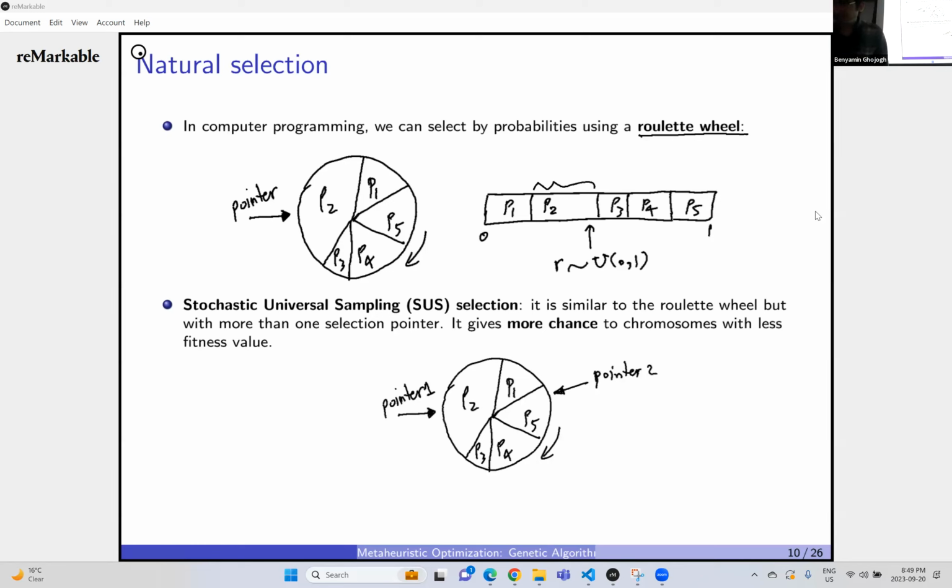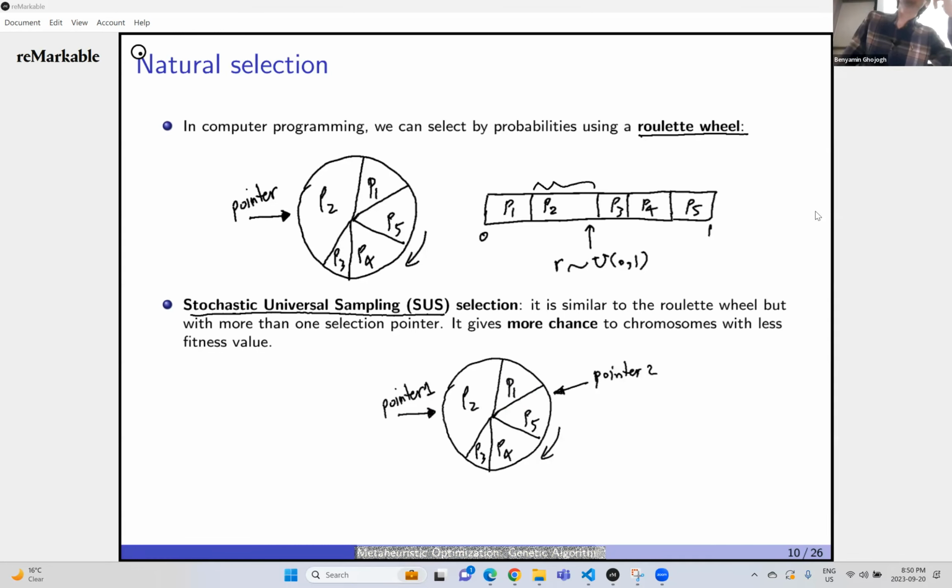We can have stochastic universal sampling, or SUS. What is it? Do you remember I told you, what if I select the same parent again and again? One way to resolve that issue is to have several pointers, right? Then I rotate it. One of the pointers will face some region, one of the pointers will face another region.